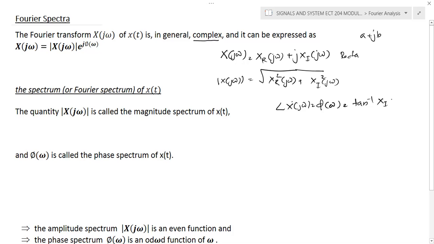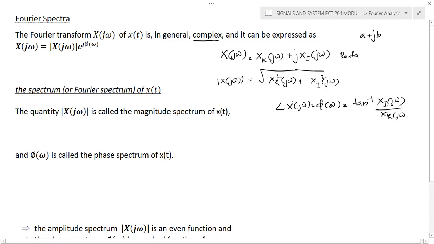So the imaginary part is X_I of j omega by the real part X_R of j omega. So in magnitude-angle form, we can write X of j omega equal to modulus of X of j omega into e raised to j angle. Here phi of omega means the angle of this quantity X of j omega.